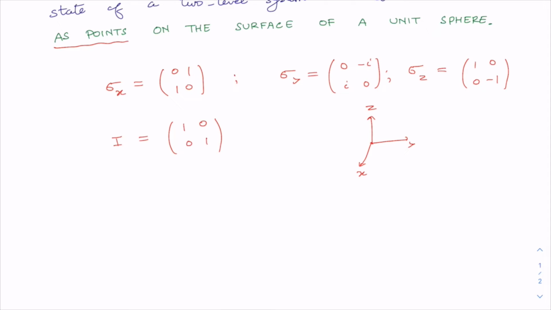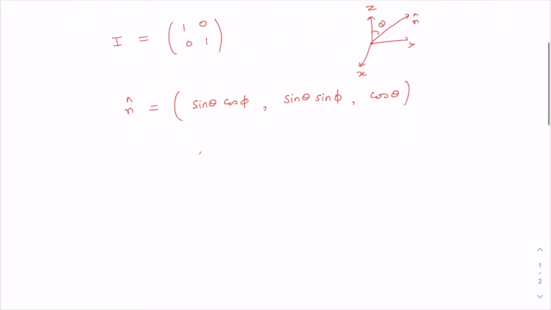Now, what about the Pauli matrix along any arbitrary direction, say n cap, defined as n cap equal to sine theta cos phi, sine theta sine phi, and cos theta. Let me draw a bigger picture here.